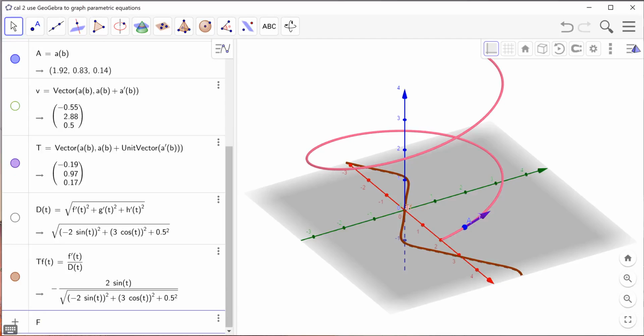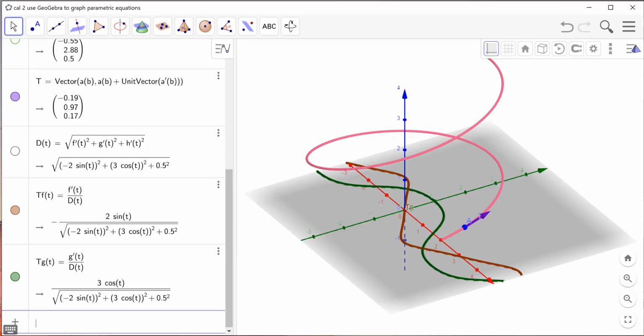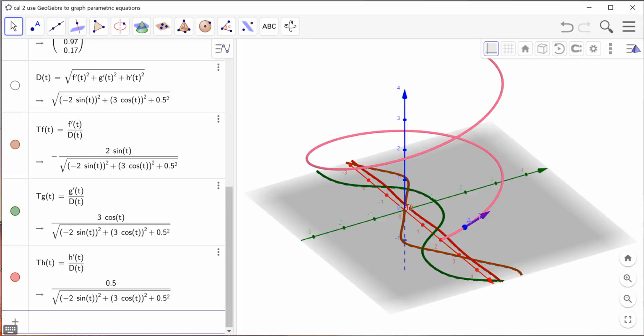Then let TG of t be g prime of t divided by D of t. This is the y-coordinate of the unit tangent vector. And then TH of t equals h prime of t divided by D of t. This is the z-coordinate of the unit tangent vector.